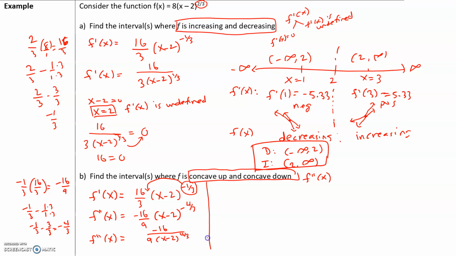Now the inflection points. This is where concavity changes from concave up to concave down, or concave down to concave up. The inflection points occur when the second derivative is equal to 0, or when the second derivative is undefined.